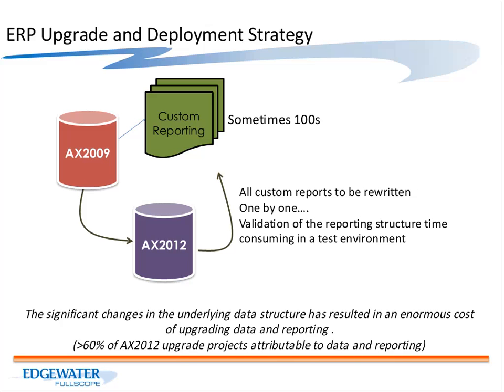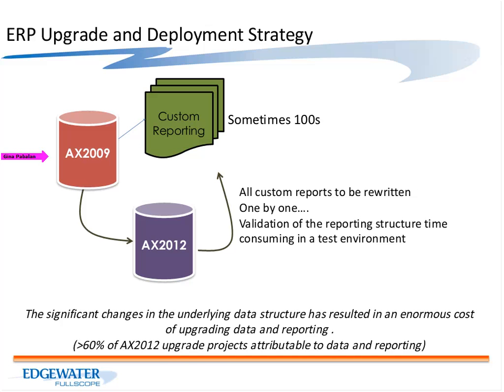But what's happened is a lot of customers on 2009 did not necessarily use a data warehouse. All their reporting came directly off of AX 2009, off the production database. And they end up with all this reporting, custom reporting, sometimes just modifications on existing reports.